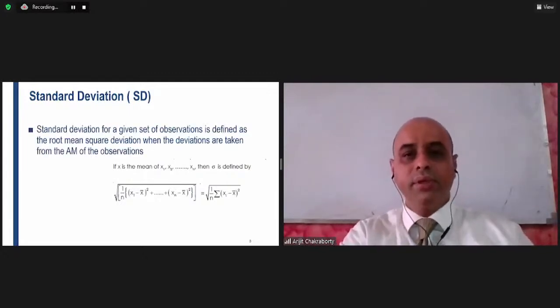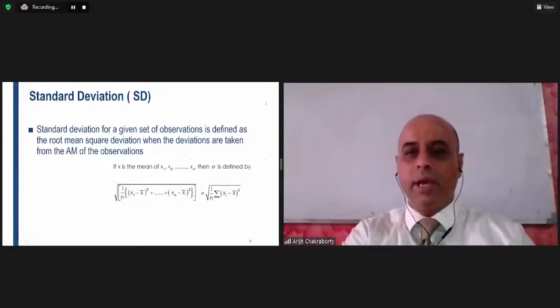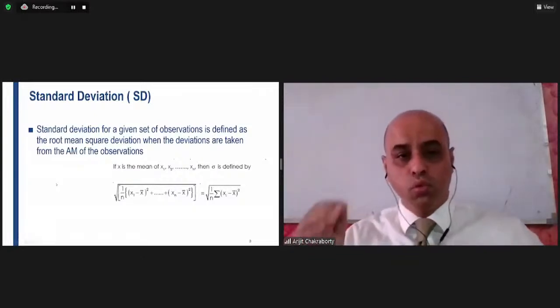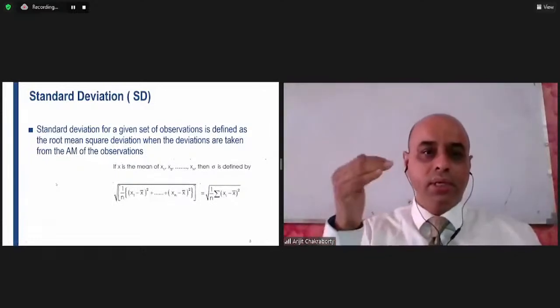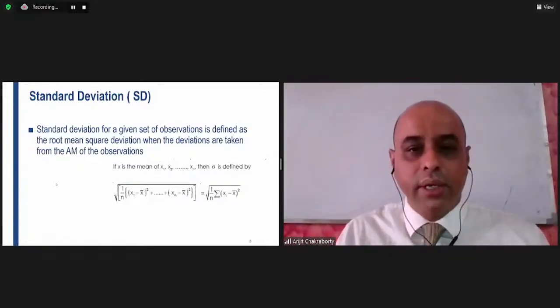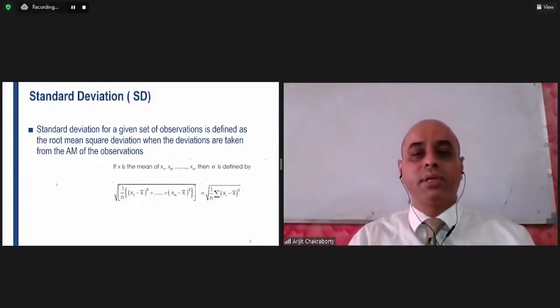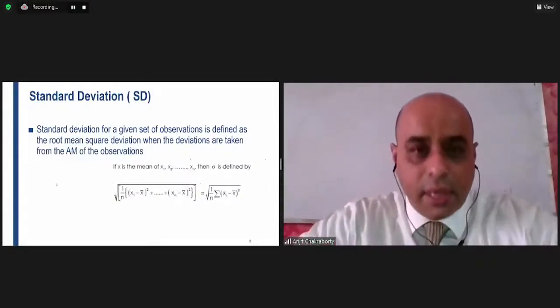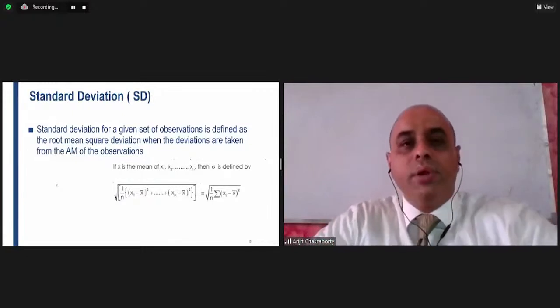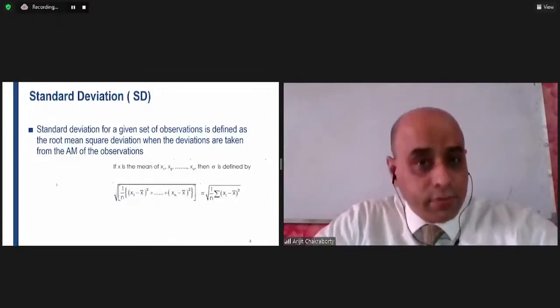Now standard deviation is a very simple and connected concept. Standard deviation for a set of observations is defined as the root mean square deviation, that is, the square root of the mean square deviation, when the deviations are taken from the arithmetic mean. In the standard deviation calculation, we shall consider only the arithmetic mean.